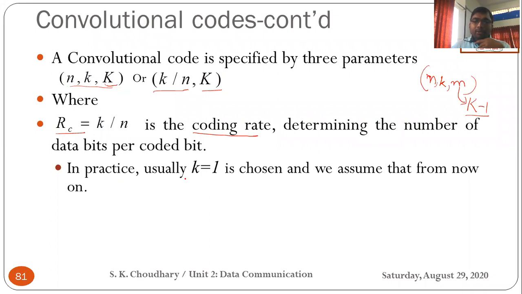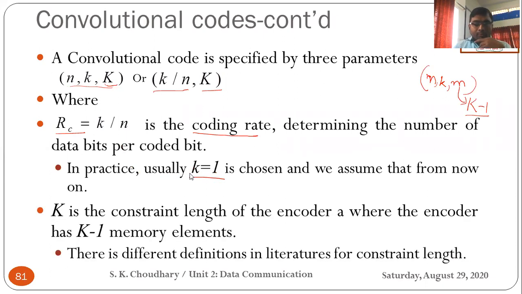Practically, we use k equal to 1. I have already told you it does not use a fixed block. It encodes the entire stream of data at once, taking data bit by bit at a time. So generally k equal to 1 is chosen, and we assume that from now on. And what is capital K?